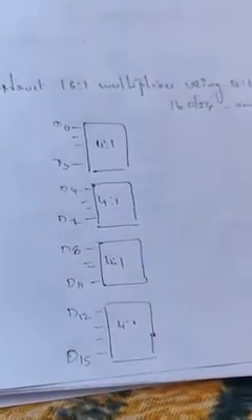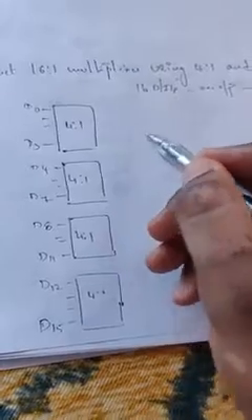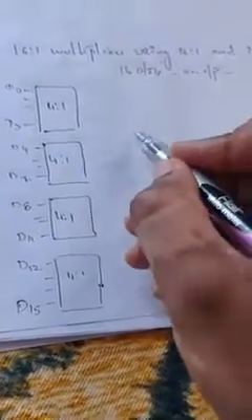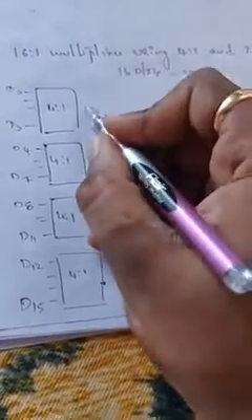We have not written these D1, D2 like that, but you are supposed to write. Okay. So 16:1 means obviously how many control inputs? 4 control inputs. Okay. So let me combine these two like a 2:1 multiplexer.